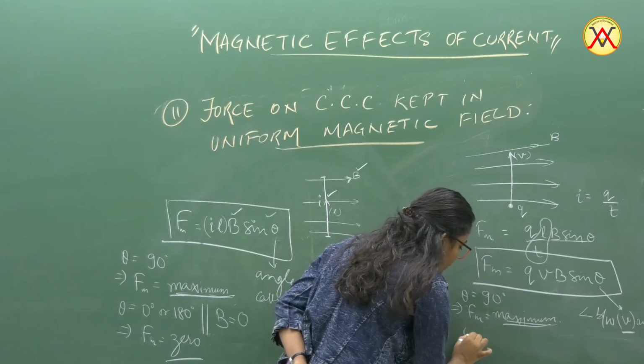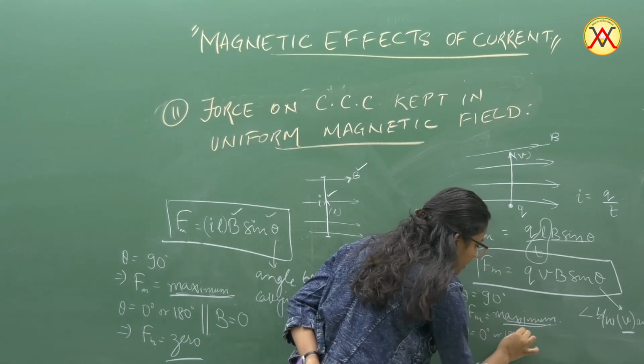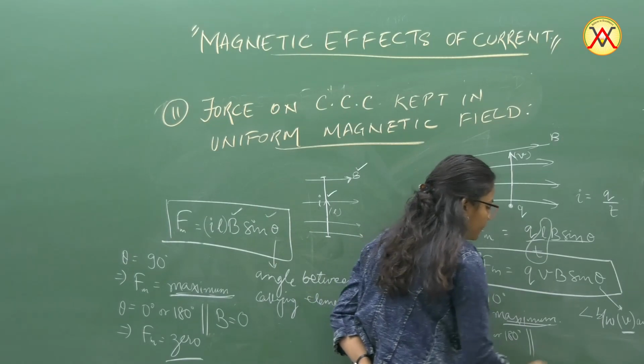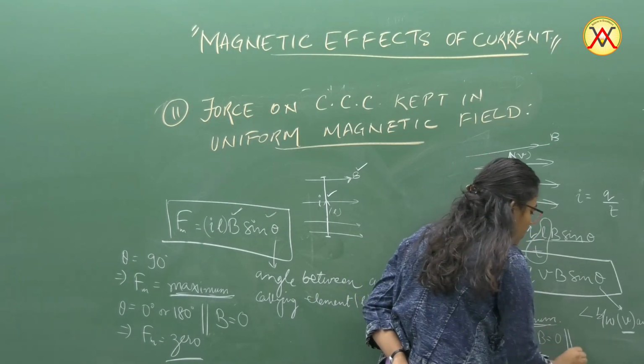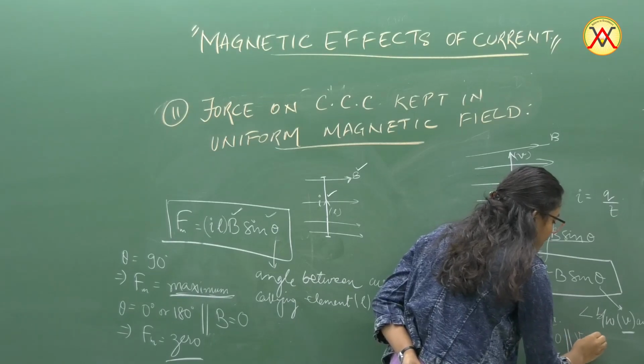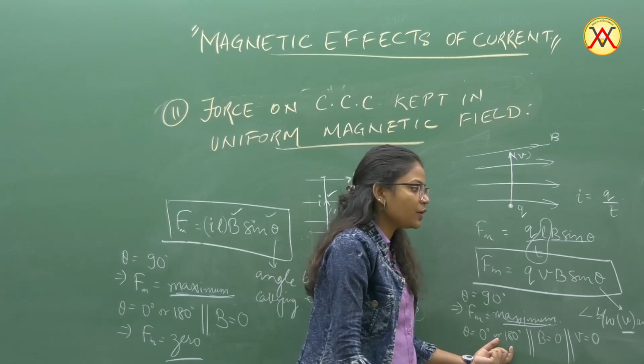Second case, when theta equals 0 degrees or 180 degrees, or the magnetic field equals 0, or our velocity is equal to 0. Here what we are doing?